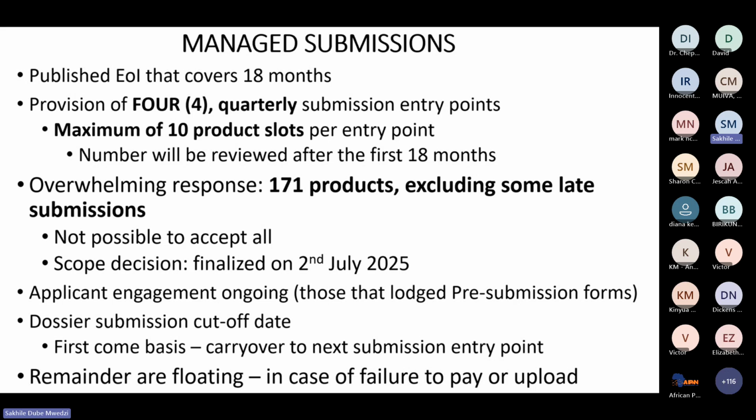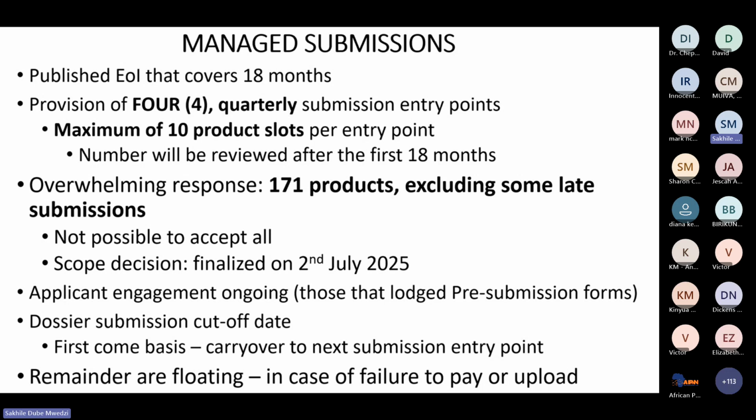And so we have what we are calling a floating number of applications, because after doing the in and out of scope, we're probably still sitting on about 140, etc. And if you do the math and we're only taking about 10 to maybe say 20 with the line extensions, there are still some applications that will not be able to fall into this 18-month period.